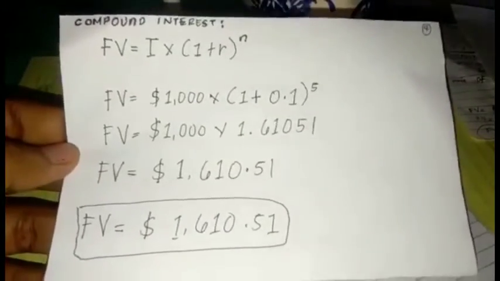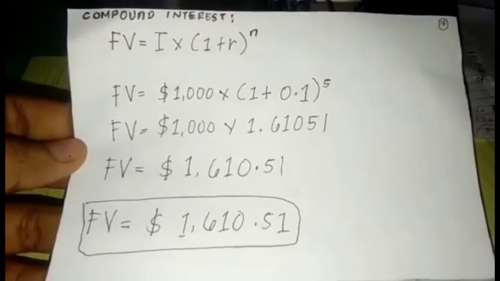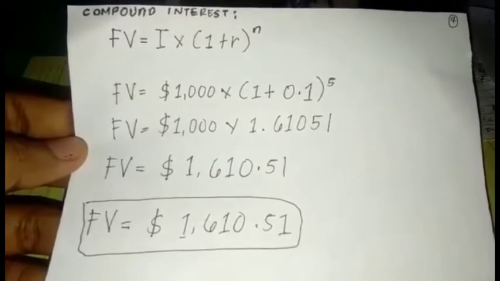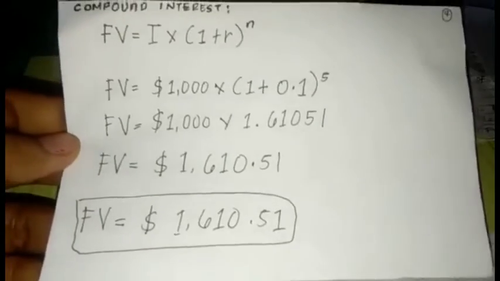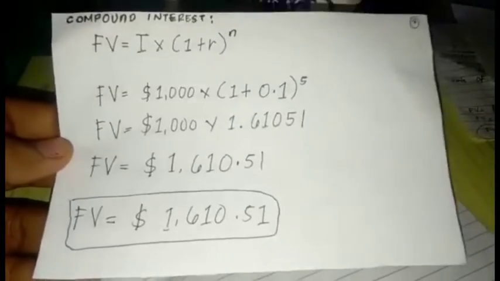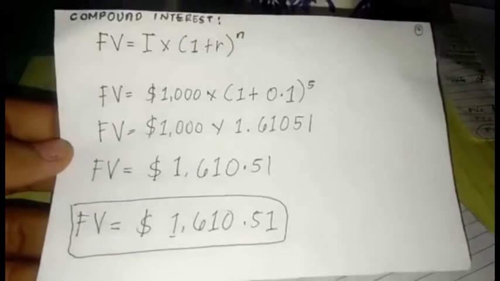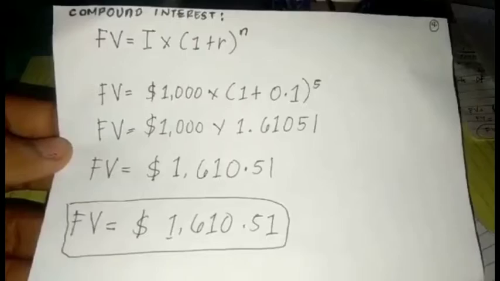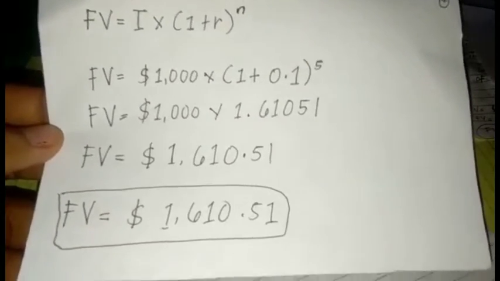So for compound interest, it has a different formula. The formula is future value equals investment amount times (1 plus the interest rate) raised to the power of n, which is the number of years. To solve a problem, we are using the same problem as in the simple interest. So future value equals $1,000 times (1 plus 0.1) raised to the power of 5.